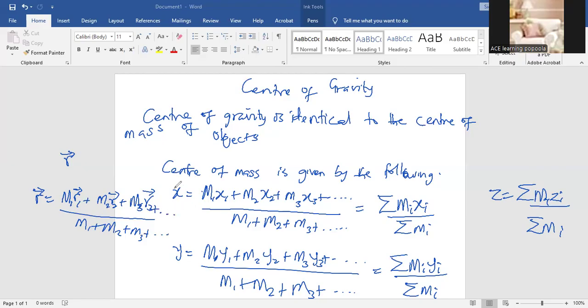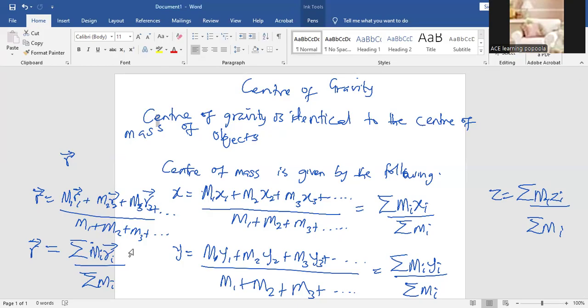And then, just as we did for all the other ones, the center of mass is summation of mi ri divided by summation mi. Okay, so this is an expression for the center of mass of an object or a particle in an object.